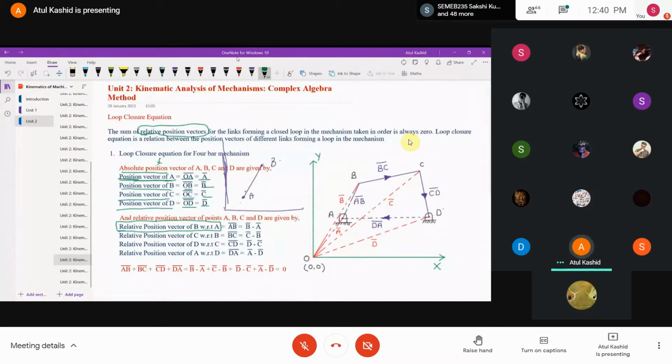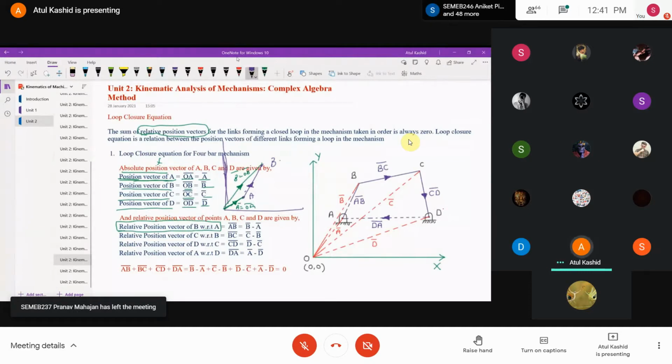First we'll draw the position vectors. For A, I can draw the position like this, and for B, I can draw the position like this. This is your B bar, and this is your A bar, or it is also called OA bar, and this is also called OB bar. So it's very simple now.